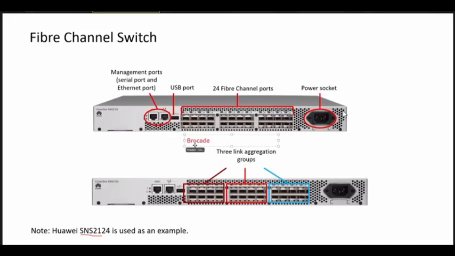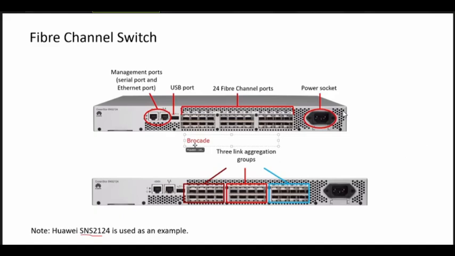Huawei buys Brocade switches and rebrands them as Huawei switches. So here is an example, the Huawei SNS 2124. If you're familiar with fiber channel and Brocade configuration, the SNS series will be the same. So Huawei does not create their own fiber channel switches.